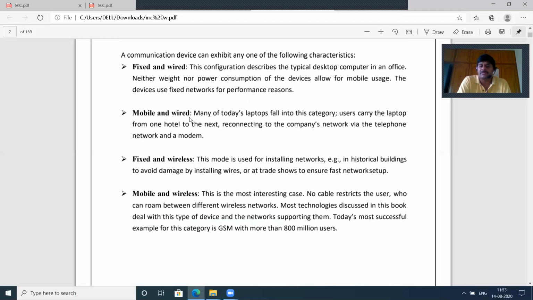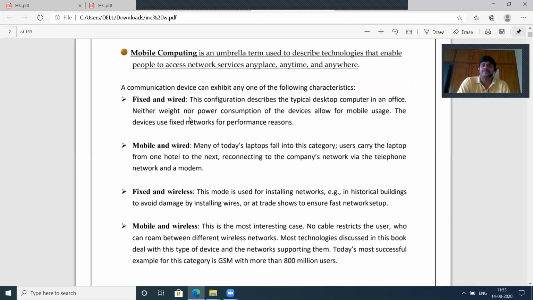Coming to the first topic of our mobile computing, we have a communication device. Any communication device can exhibit one of the following four properties. The first property of the communication device is fixed and wired.